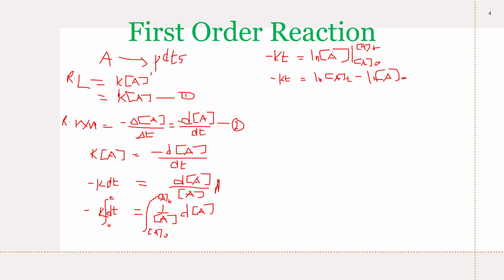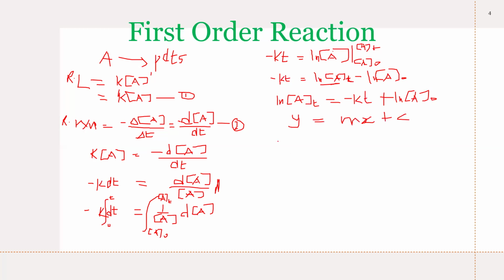Now we want to make this the subject of the equation. So we have ln of the concentration of A at t giving us negative kt plus ln of the concentration of A naught. Now what we need to do is compare to the equation of a line, y equals mx plus c.